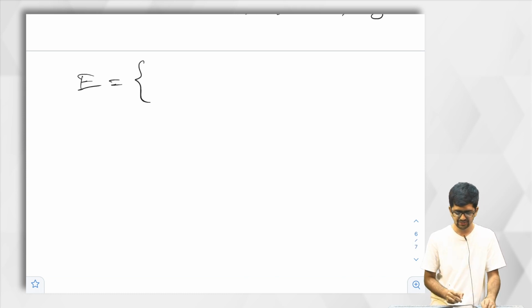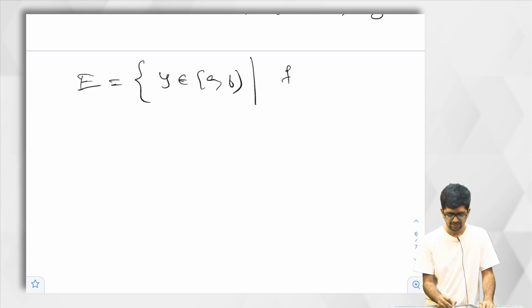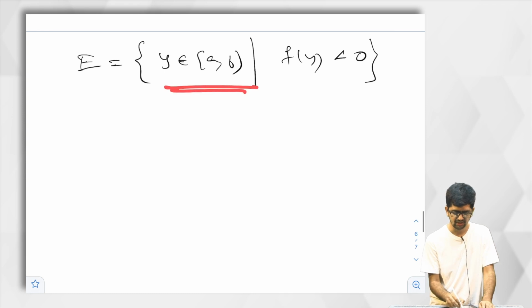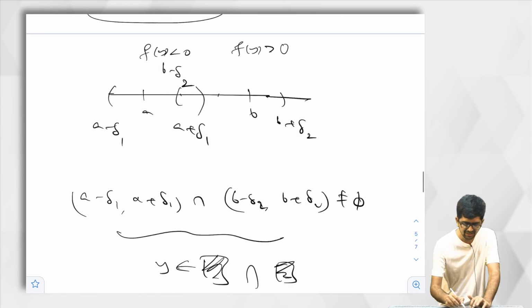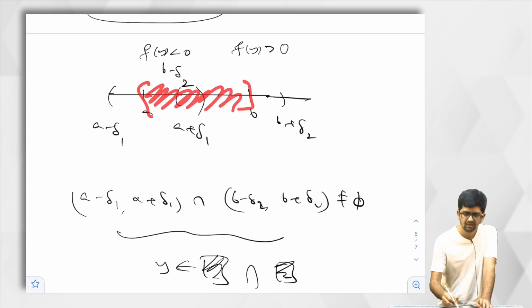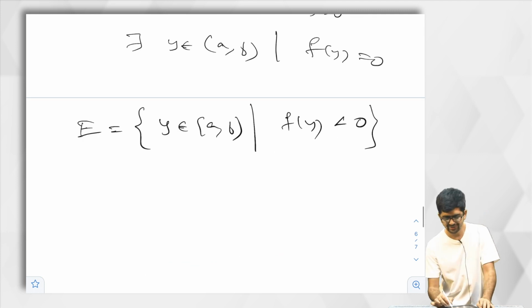So let us write down that what we are saying is the following. I am simply asking for elements of (a, b) such that f of y is still negative.